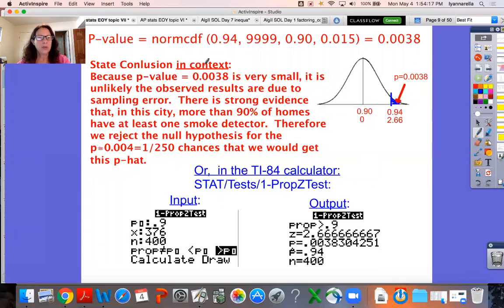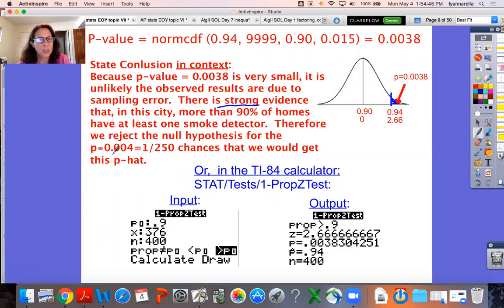So here is the conclusion in context. Because the p-value equaled 0.0038 and it's very small, it is unlikely the observed results are due to sampling error. There is strong evidence that in this city, remember we're talking about a particular city, more than 90% of homes have at least one smoke detector. So they're rejecting the null because the p is low and saying, no, this city's homes have more than 90% smoke detectors.